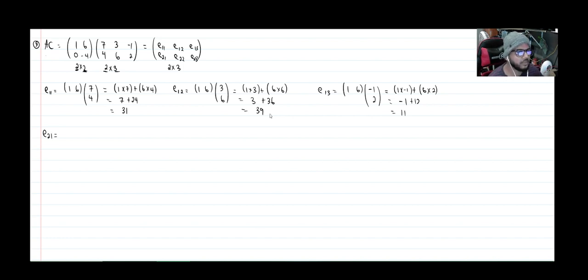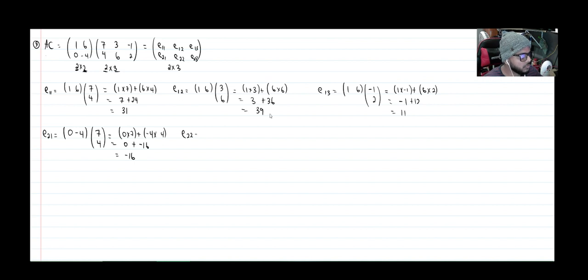E21, and you can pause the video and see if you can work out the rest of these entries by yourself. So E21 will be the second row, 0 minus 4. First column, 7, 4. First by first, 0 by 7, plus second by second, minus 4 by positive 4. 0 plus negative 16, and we get negative 16.